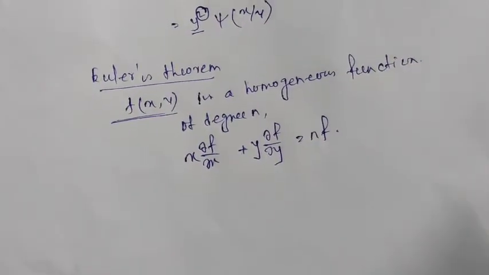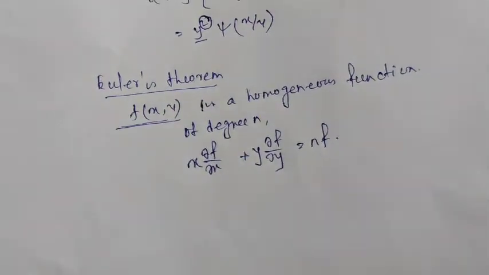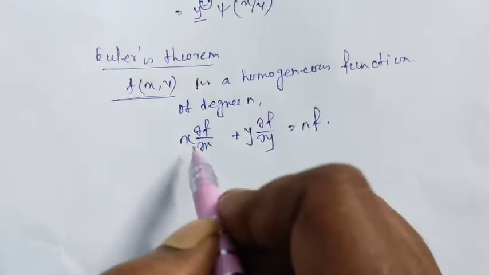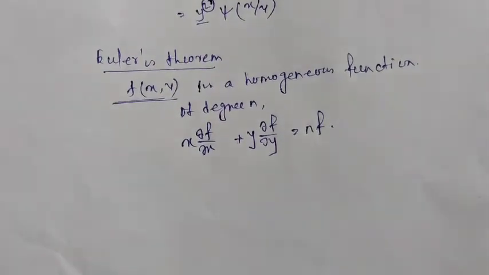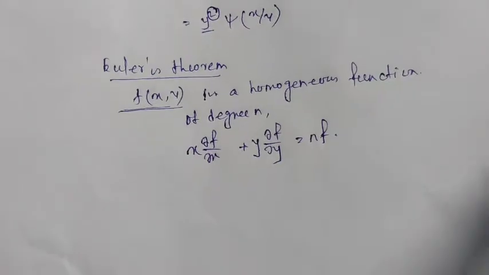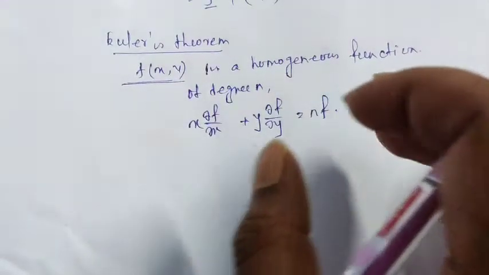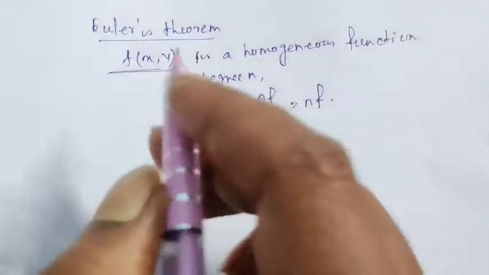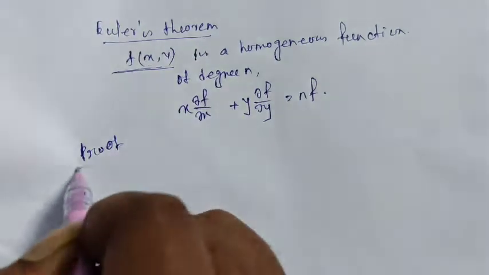This is the statement of Euler's theorem, that is, if f of xy is a homogeneous function of degree n, then x into del f del x plus y into del f del y is equal to nf. Now let us try to prove the statement of this theorem.